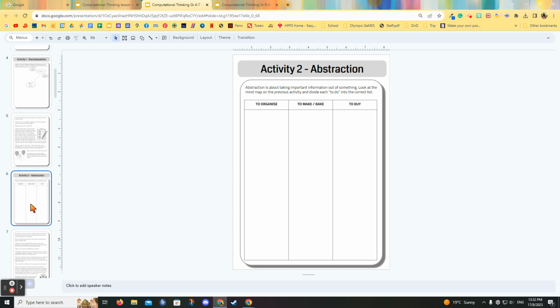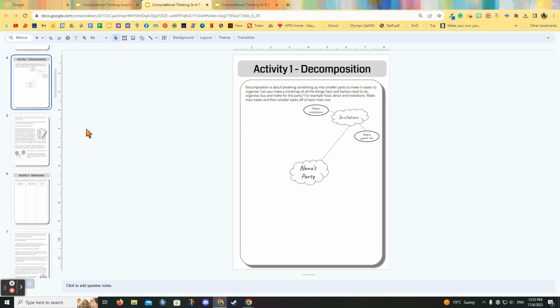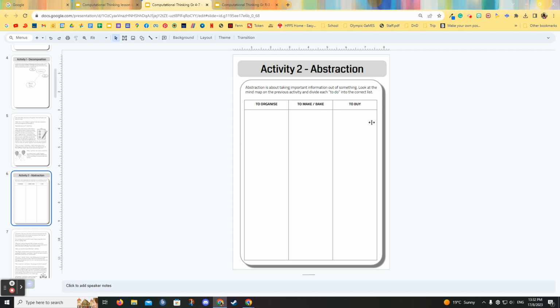So either things to organize, for example, organizing the guest list, to make or bake, for example, making the invitations, and to buy, for example, buying the paper to make the invitations. So they're taking each of the tasks and putting it under a specific heading according to what category it falls into.